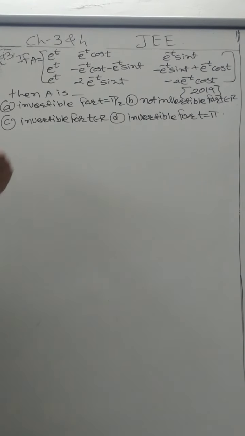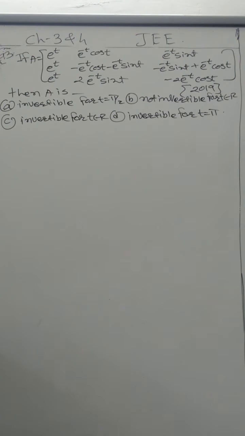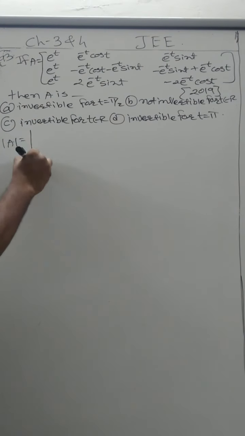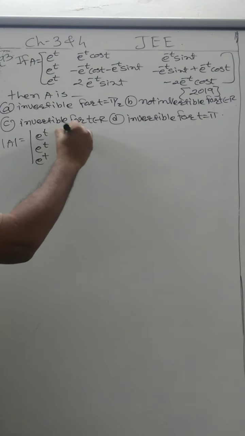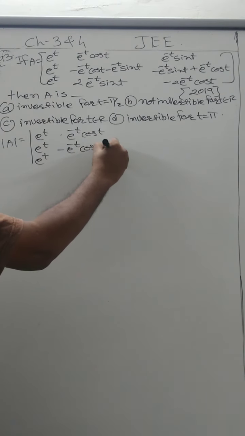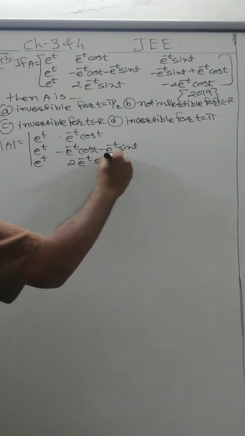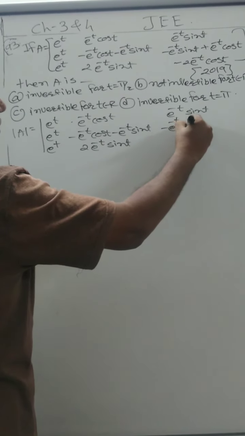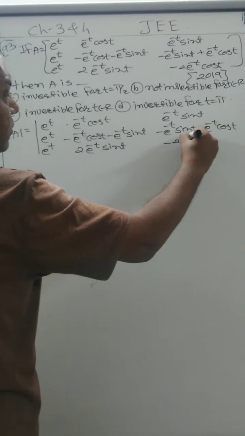So here, first of all, we just simplify. Determinant of A is equal to the determinant with entries e raised to t, e raised to minus t cos t, minus e raised to minus t sin t; e raised to t, minus e raised to minus t cos t, minus e raised to minus t sin t; and so on.